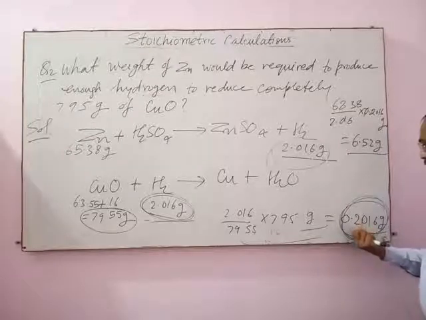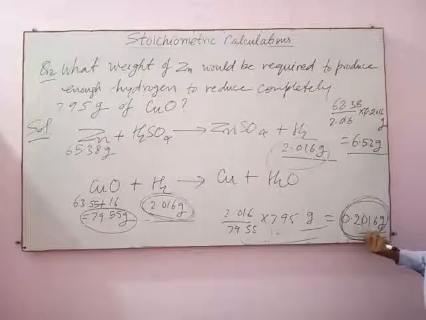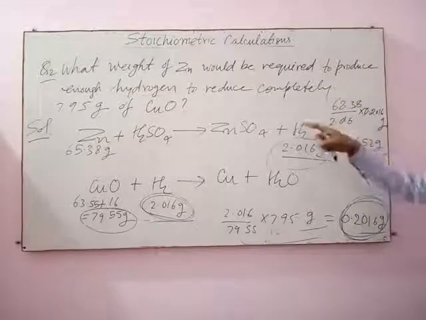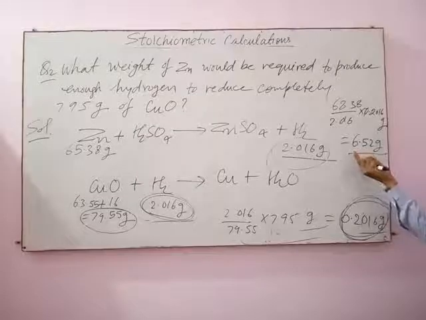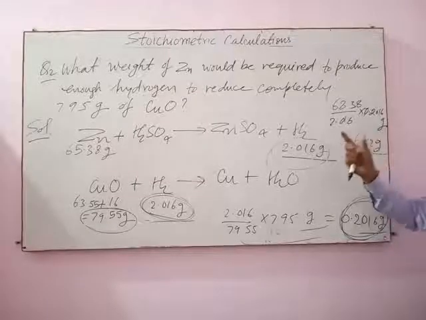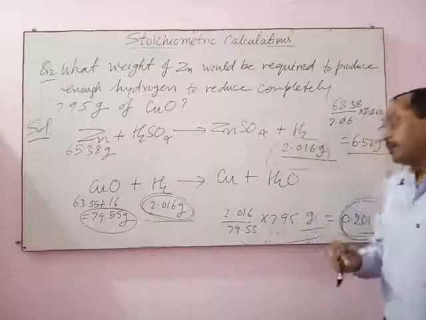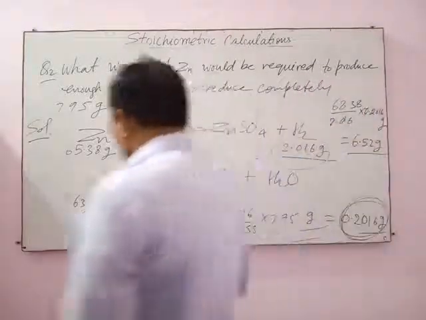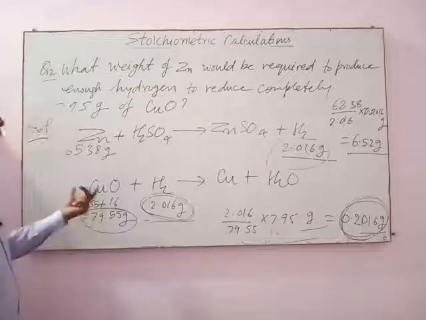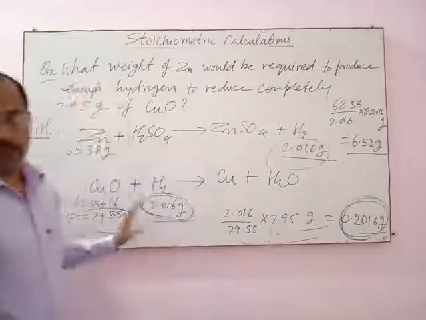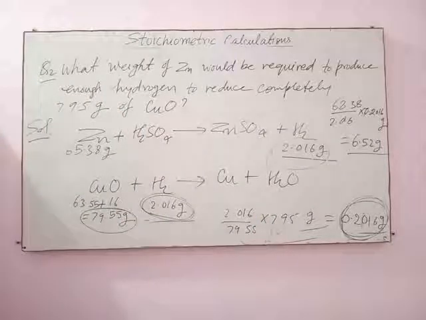Then 0.2016 grams of hydrogen is produced by this amount of zinc. This is the amount of zinc required to produce sufficient or enough amount of hydrogen required for the complete reduction of 7.95 grams of copper oxide. Now come to the next question.